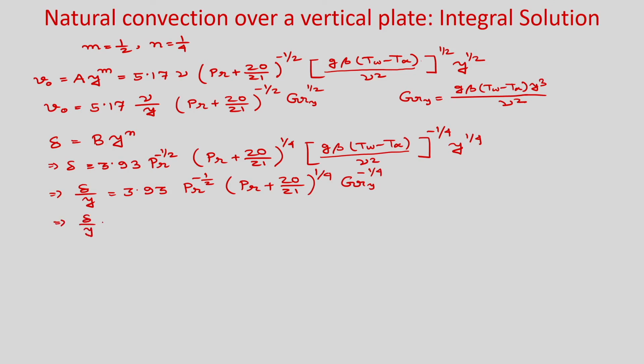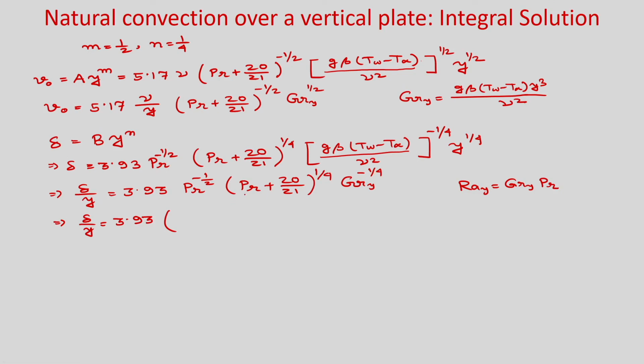And we can write delta by y. Okay. So, Prandtl number into Grashof number, what will it give? It will give Rayleigh number. Okay. So, Rayleigh number is your Grashof number into Prandtl number. So, if you write it, you will get 3.93. Okay. So, you see it is Prandtl number to the power minus half, here you need Prandtl number to the power minus 1 by 4.